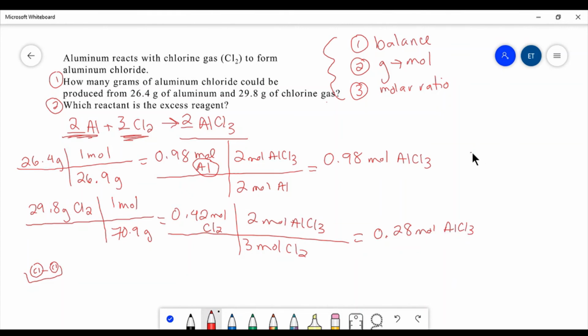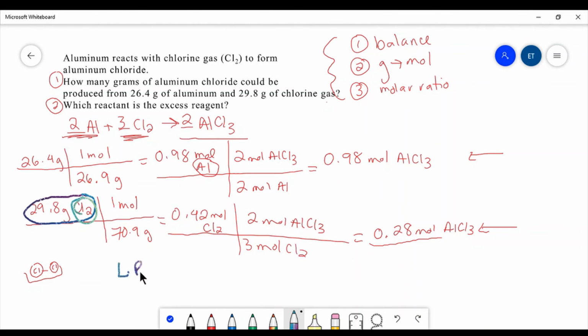So you're going to have to look at both of these answers and determine which one is smaller. Okay, so in this case, this is smaller, right? So this means that the reactant that is going to be our limiting reagent is chlorine gas, right? Because it gives the smaller amount of product.